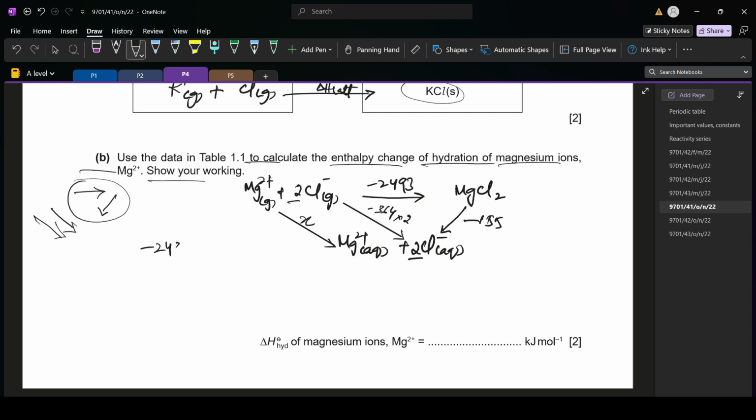So negative 2493 plus negative 155 equals x plus negative 364 multiplied by 2. Now your equation is created, and from here you calculate the value of x, which is the enthalpy change of hydration of magnesium ions, negative 1920 kilojoules per mole. So this is your final answer.